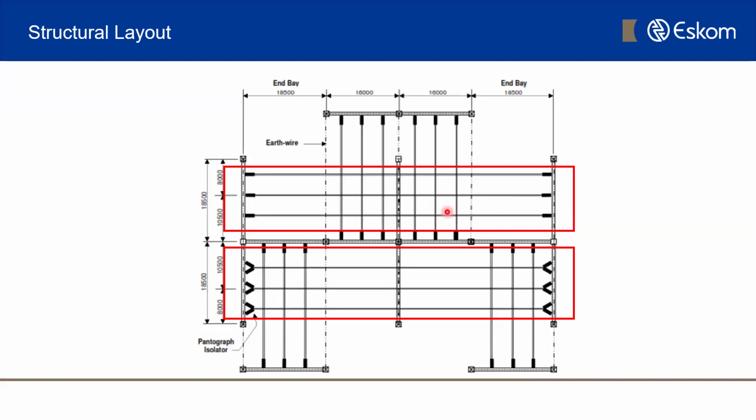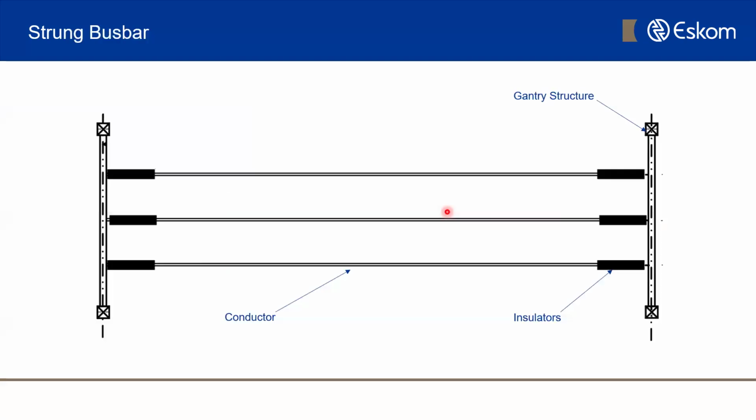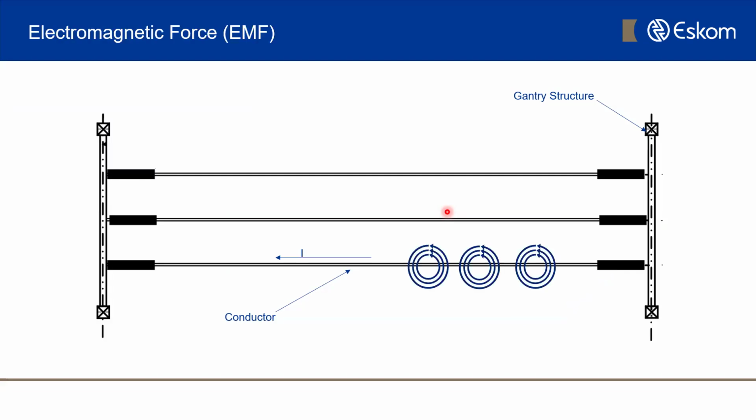Okay. The next slide, we zoom into the structure. So those three lines that you see there are the conductors. The shaded in area on the one side, you'll see it's insulators, and these are connected between two gantry structures, as you can see here. Okay, and if you move on to the next slide, you'll still see the same thing. However, this is now where the current and the switching surges come in.